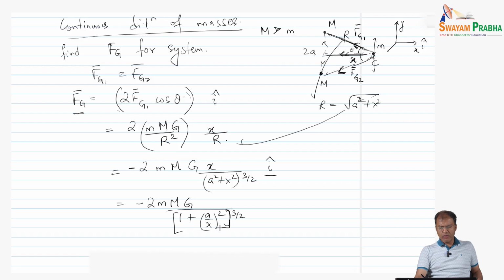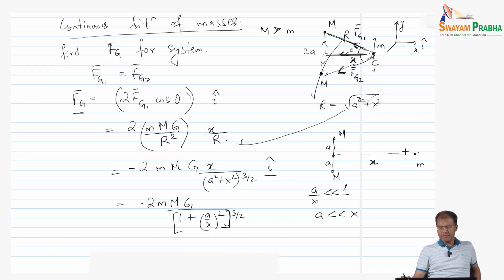Suppose in this particular setup we have that a over x is small. When can this happen? This happens when we have these two masses, capital M and capital M, which are separated by distance 2a, and the third mass, small m, is at an infinitely large distance, small x, from the two masses.